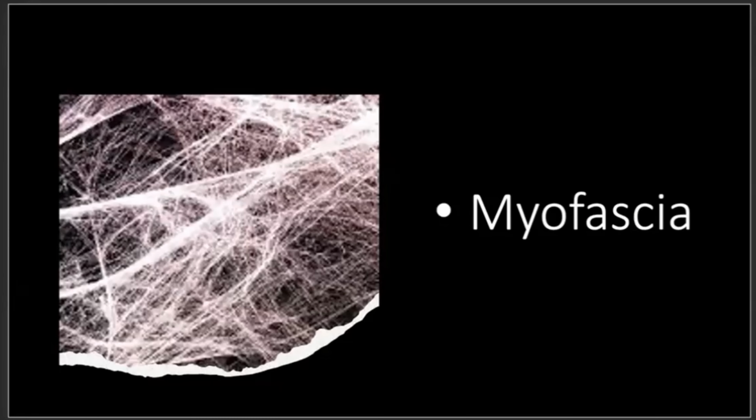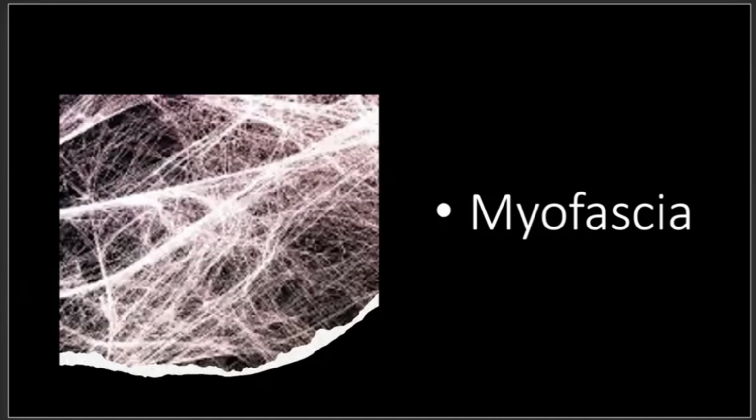So what I'm going to do, I'm going to briefly talk about the makeup of the fascia. This is a topic that we can go into very great detail about, but we will keep it simple because it does not need to be complicated. Myofascia, or we could just say simply fascia.